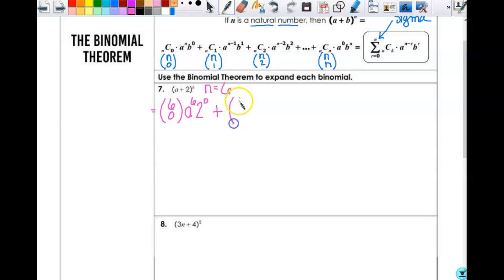Plus, then I have 6, 1. Then that's a to the 5th, 2 to the 1st. These exponents still have to add to give me n.